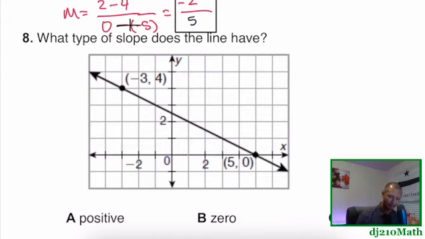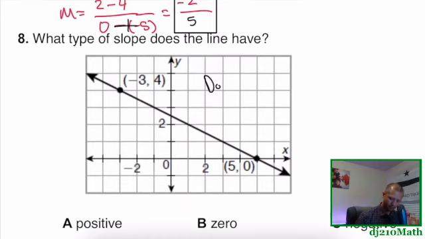Okay. 8. What type of slope does the line have? All right, well, it's going down and to the right. We know that this is negative, especially if you count down 1, 2, 3, 4. You're going down 4, then to the right 1, 2, 3, 4, 5, 6, 7, 8.